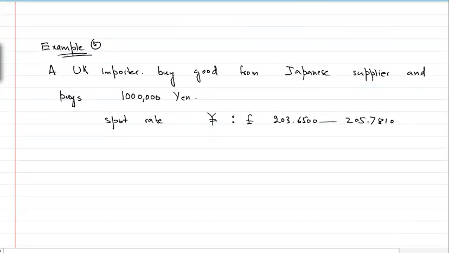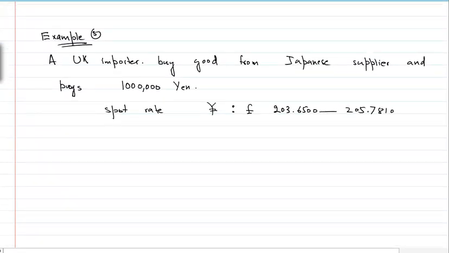Let's do another one. Example number 5. A UK importer buys goods from the Japanese suppliers and pays 1 million yen. So we can see that the quote currency is yen. So are we buying the quote currency or are we selling the quote currency? Now, we are a UK importer buying goods from the Japanese suppliers and we want to pay in yens.